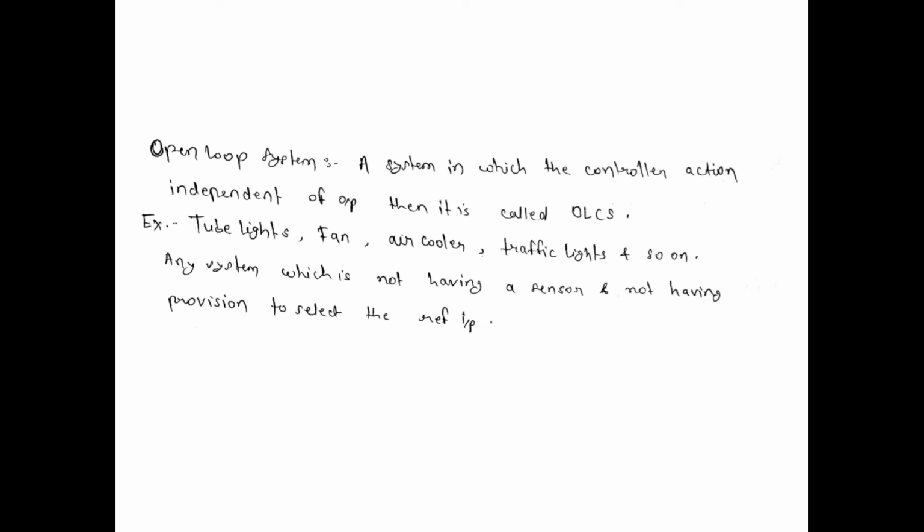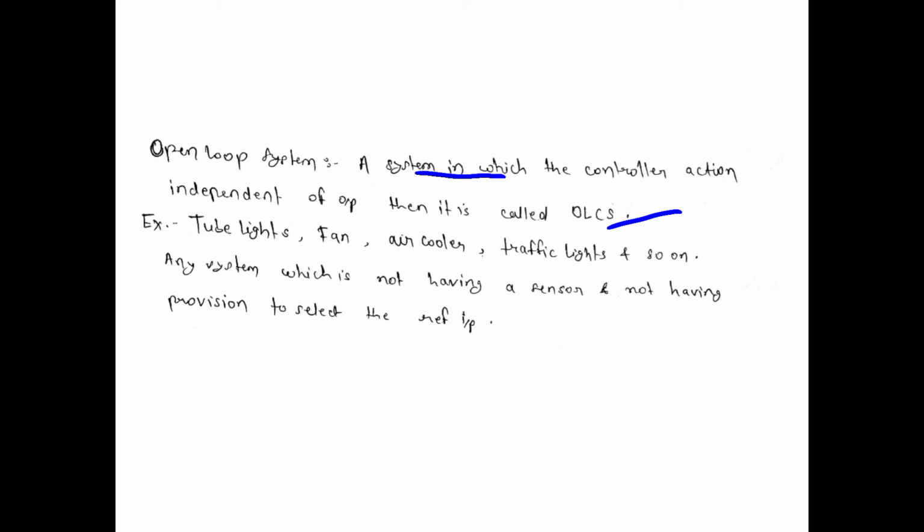The definition of an open loop system is a system in which the controller action is independent of the output. The controller in an open loop system, in the case of a fan, is a manually operated switch, so it is independent of the output. Examples of open loop systems are fan, air cooler, and traffic lights.